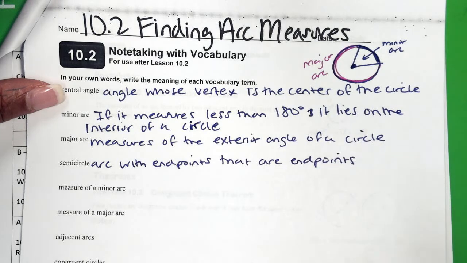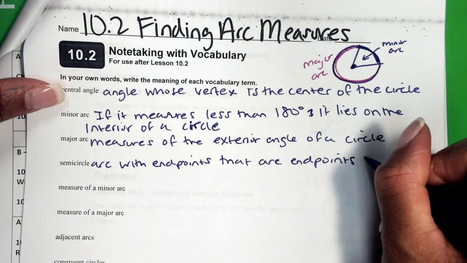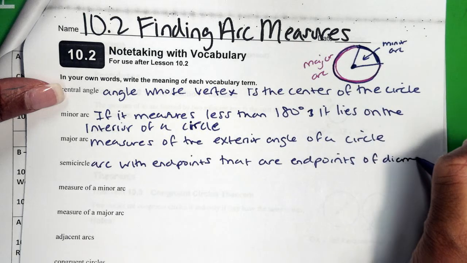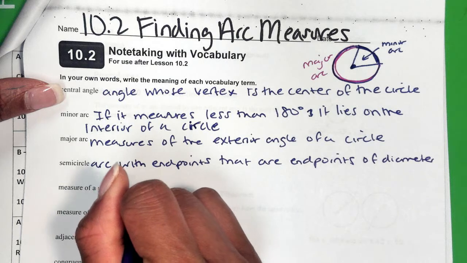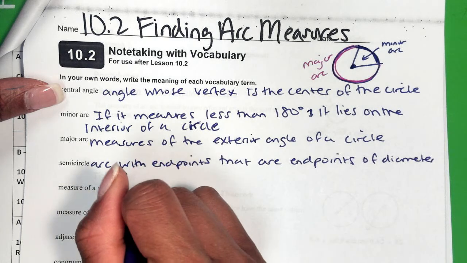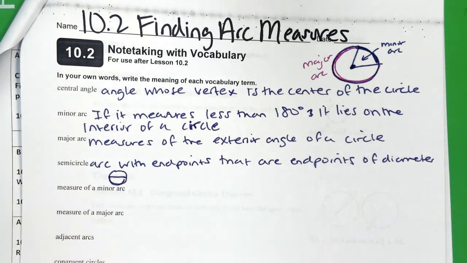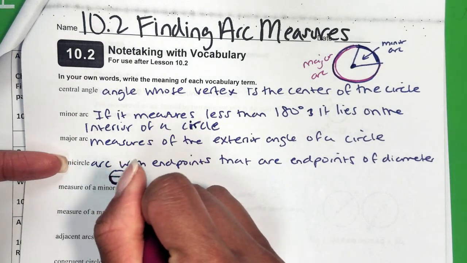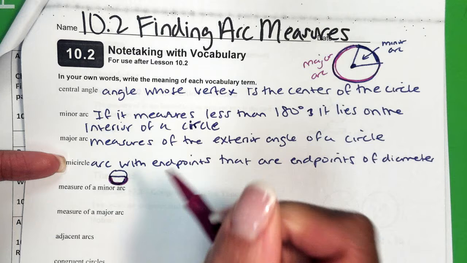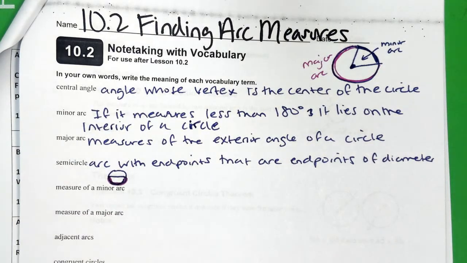That's pretty much like the arc of half of the measure of the circle. So if I had a circle and I cut it in half, as a semicircle, this arc here is 180 degrees, and that's that arc, or a semicircle.